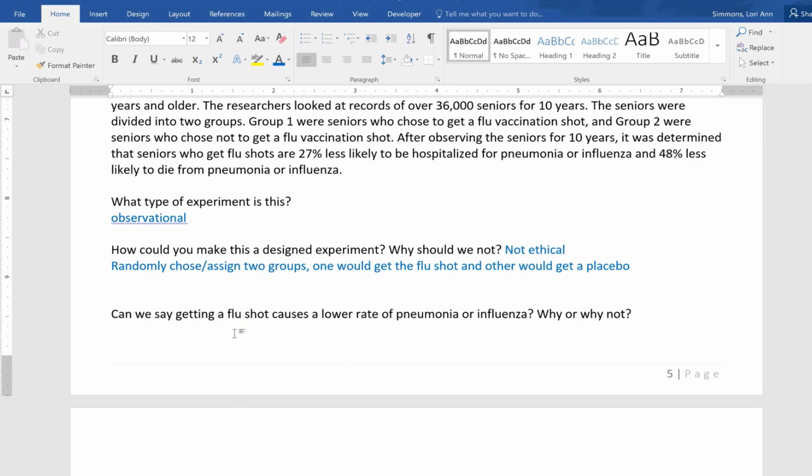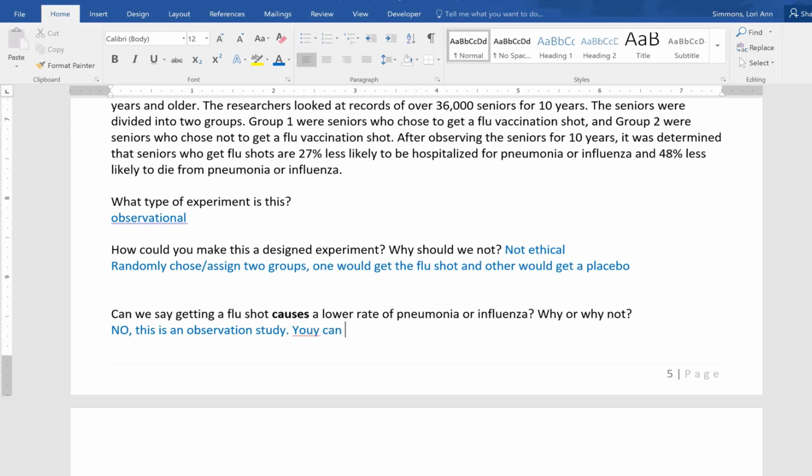Can we say getting a flu shot causes a lower rate of pneumonia? Here's the key word, causes. What kind of study was this? This was observational. You can only claim association. So no, this is an observational study.